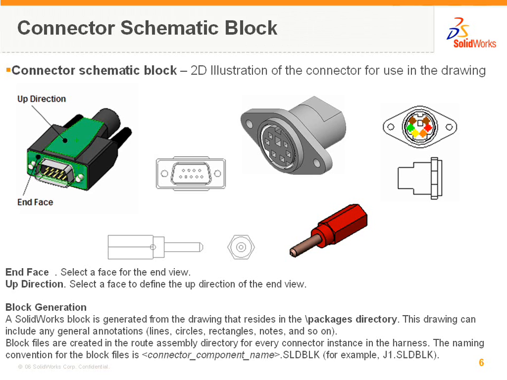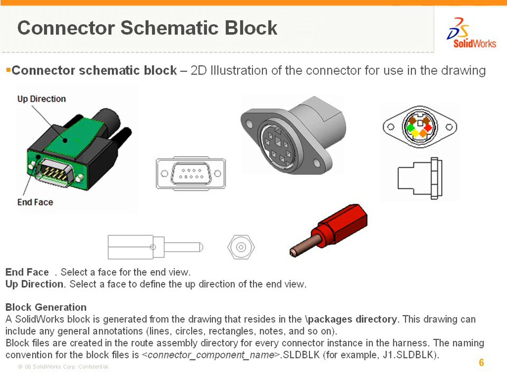When setting this routing component up, and we request this, SOLIDWORKS will ask us for an end face and the up direction. And here's some examples of what these will look like. So the end face will be the face selected to view the end of the connector, and the up direction to help specify the orientation.